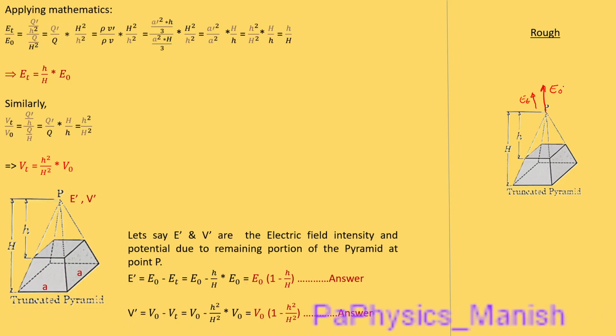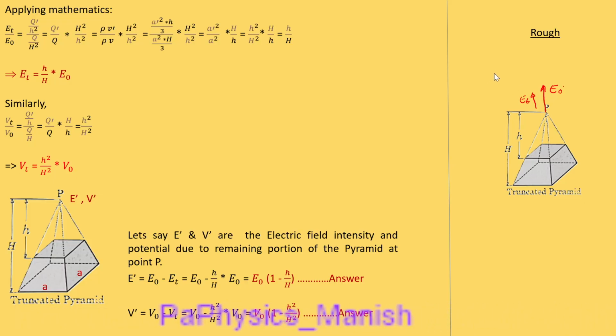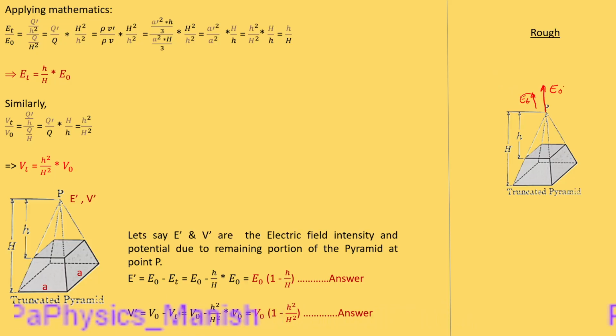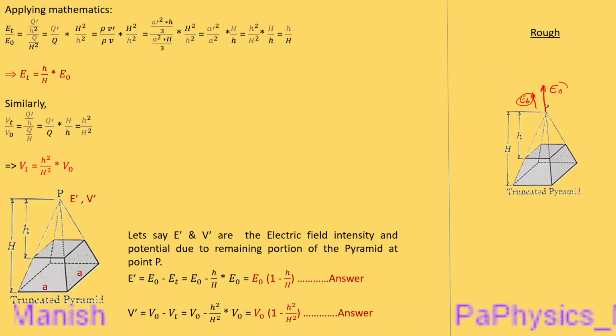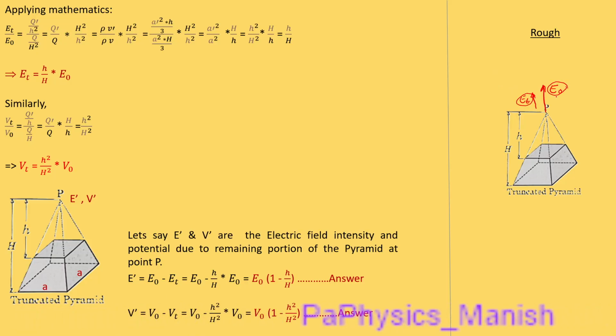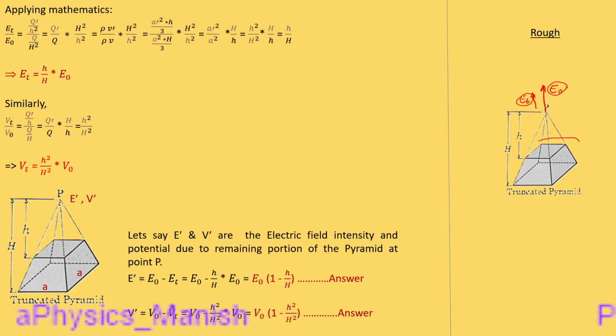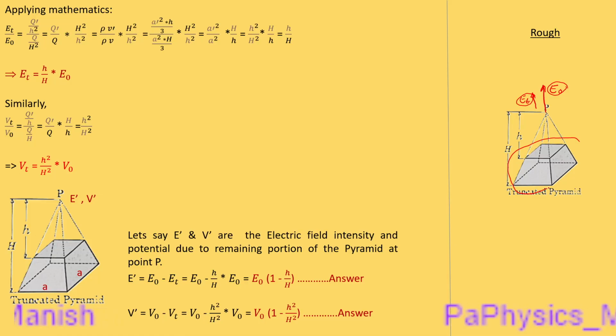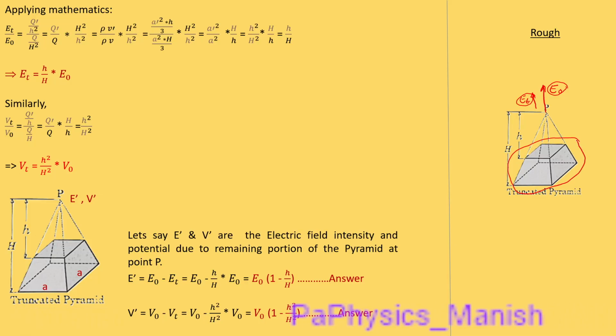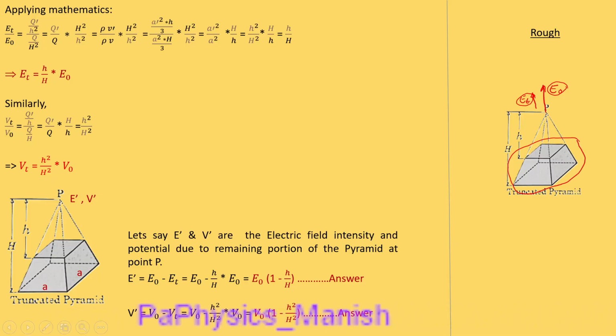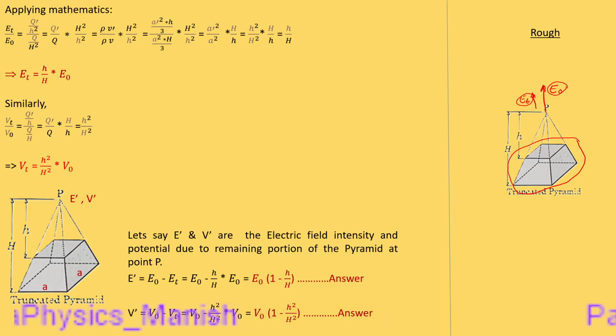So if we subtract E t from E naught, we will get the electric field intensity due to the portion of the pyramid which is remaining.